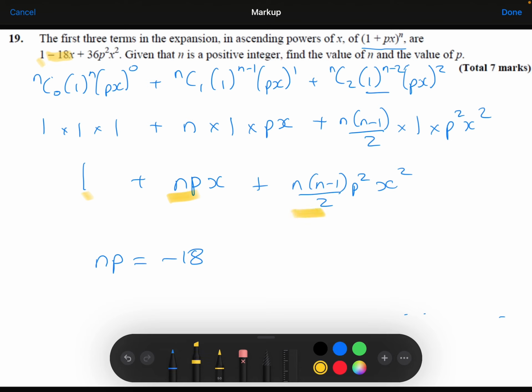And then my n times n minus 1 over 2 times p squared should equal 36p squared. Let's write that one down.